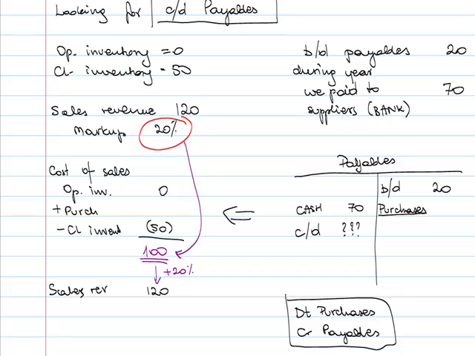Now, if the total was 100, then obviously purchases must have been 150.